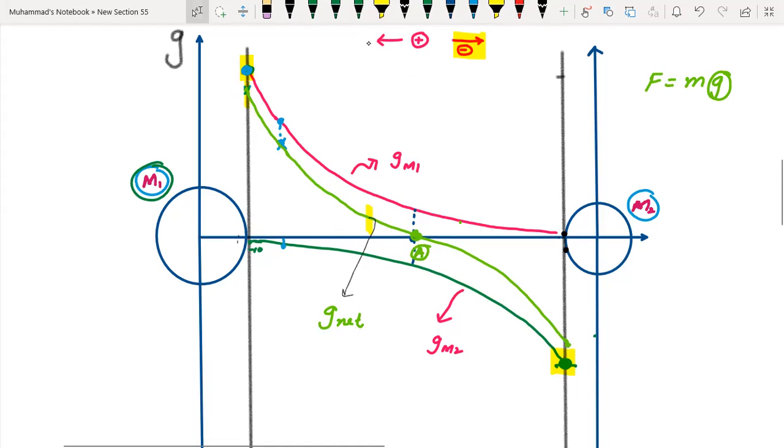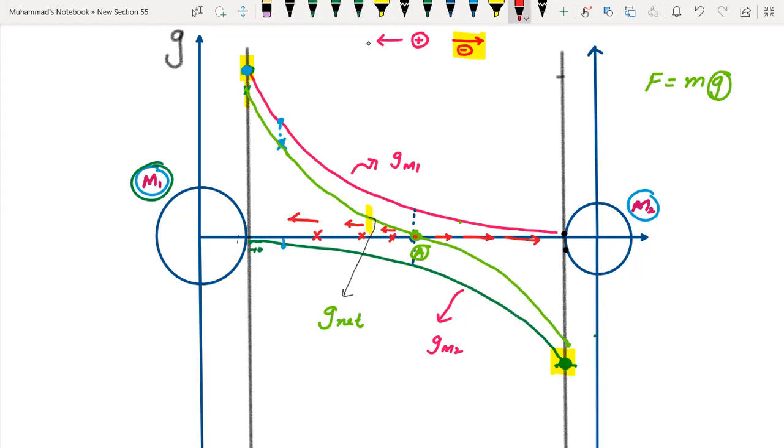If you want to find the net gravitational field strength at this point, it will be towards the left. At this point, it will be towards the left, but the magnitude will decrease. At this point, it will be 0. But after that, the gravitational field strength will be towards the right direction and the magnitude will increase.